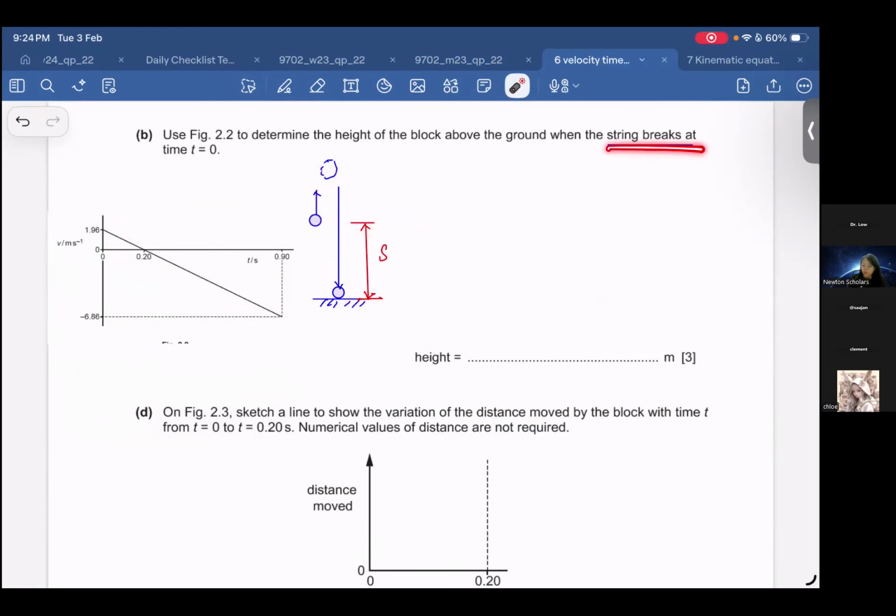Okay, the string breaks, this is the starting position. Then until above the ground, this is the final position. So the distance for this part that we want to find, actually they're asking you what is the displacement. What is the displacement? They want you to interpret the sentence. Actually, they want you to find displacement.